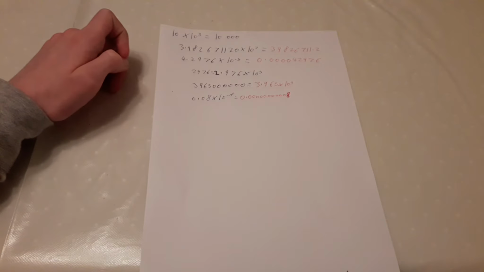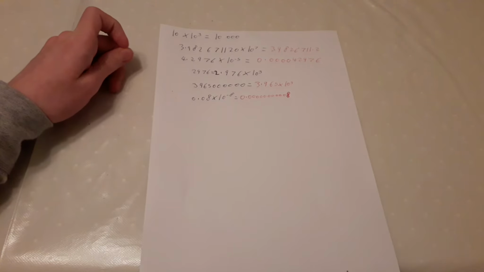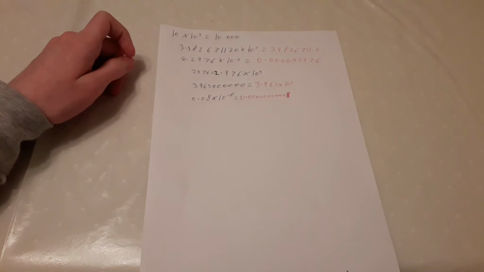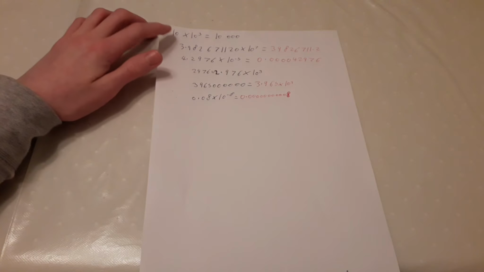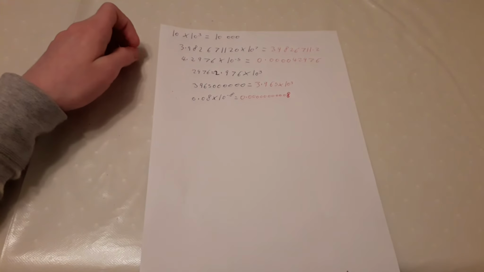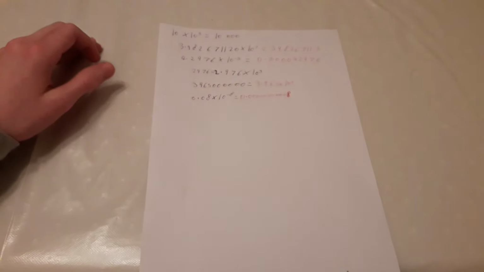Sometimes you can do a number and turn it into standard form, and then the answer would become something times 10 to the power of something. So for example, you've got 10 times 10 to the power of 3 equals 10,000. Start off easy. So 10 to the power of 3 equals 1,000 times 10 equals 10,000.